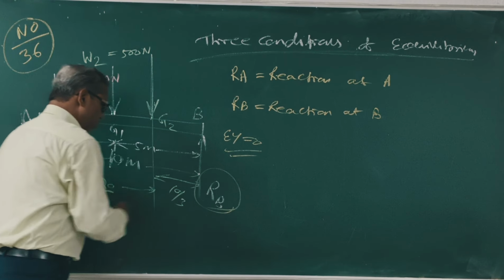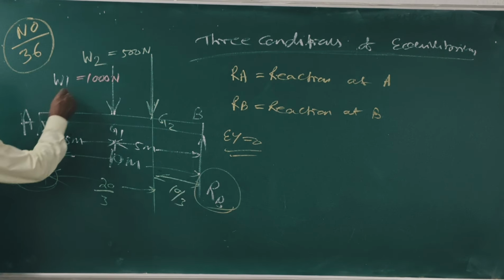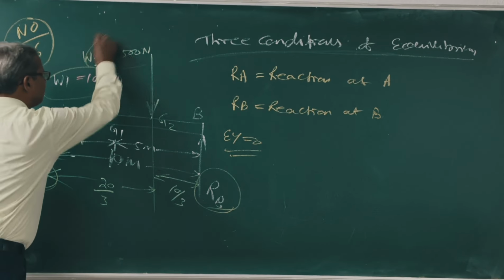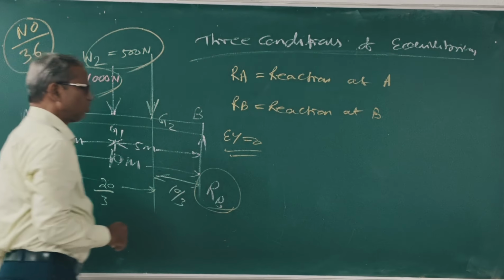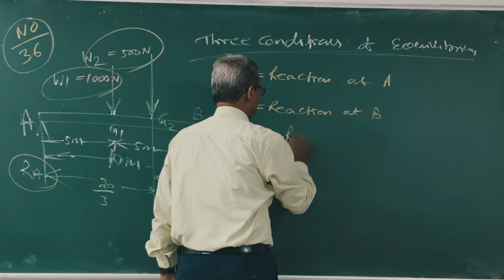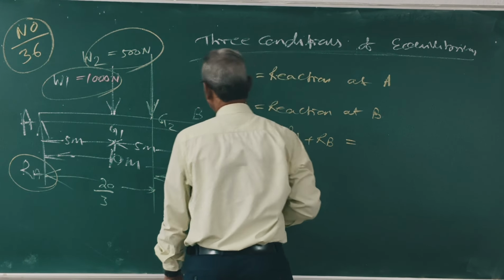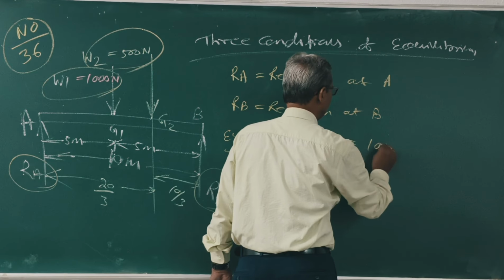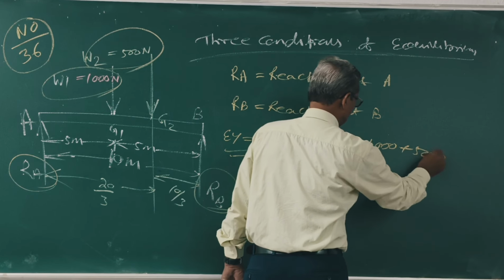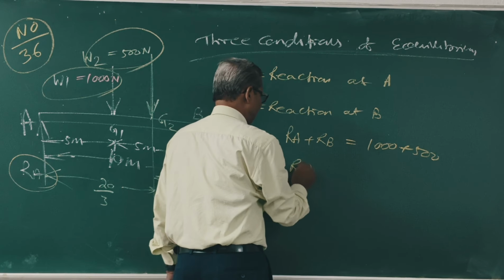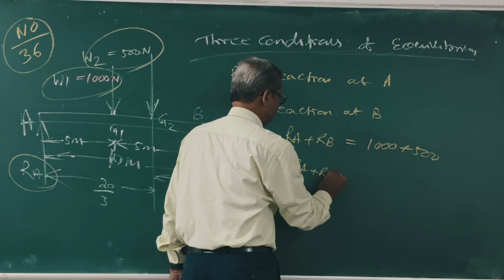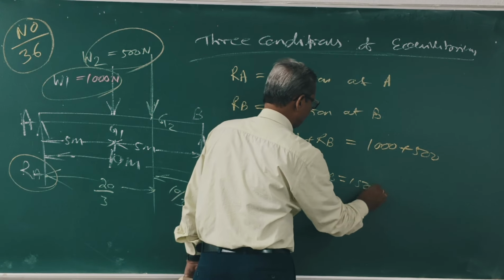Upward force is equal to downward force. So RA plus RB is equal to 1000 plus 500. So RA plus RB is equal to 1500 Newton. Equation 1.